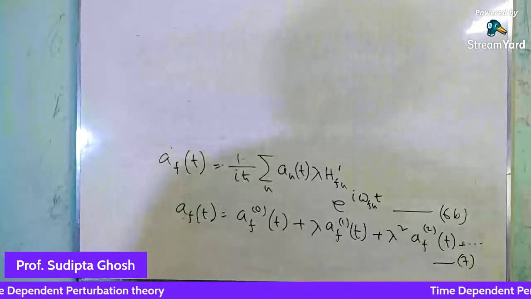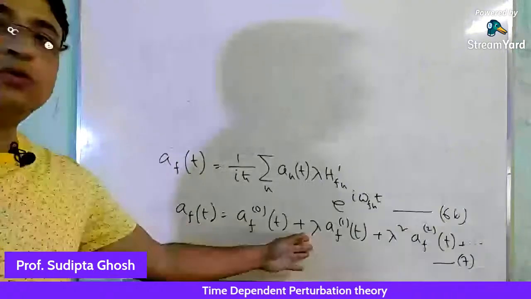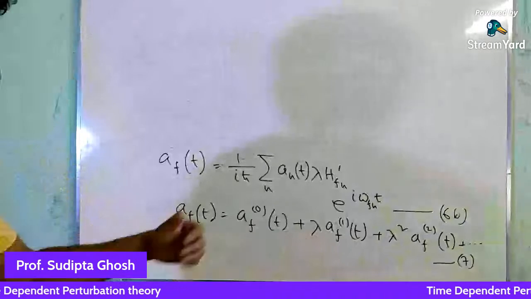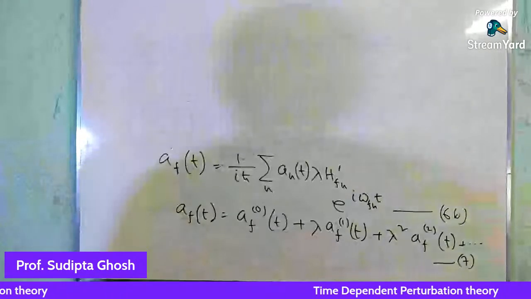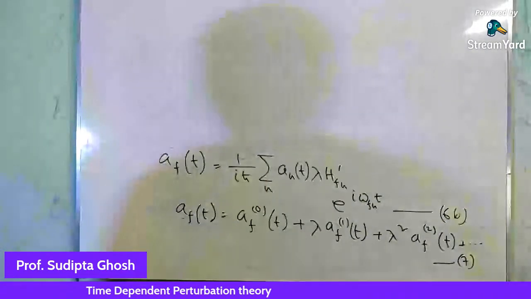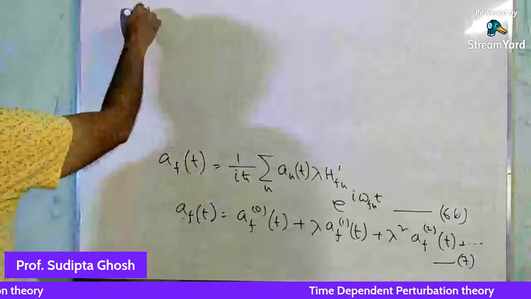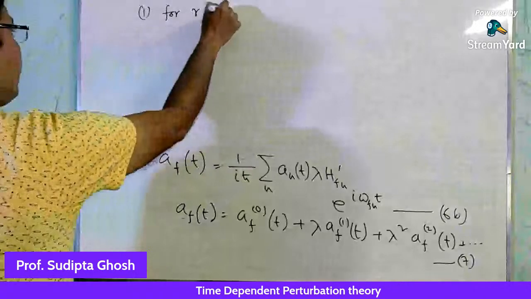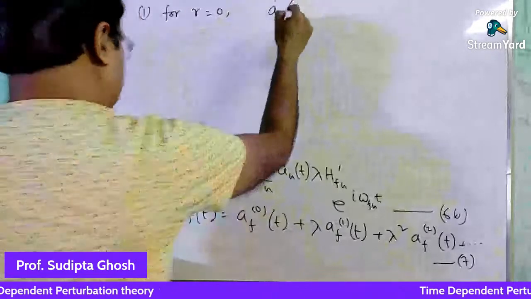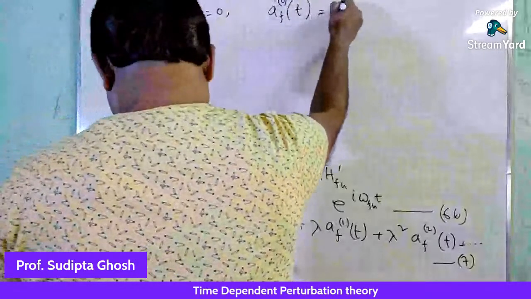Now, as we are writing from equation 7, we are actually expanding the value of a_f(t). So now, also expanding equation 6b, what we found is that for r equals 0, a_f dot 0(t) is actually 0.